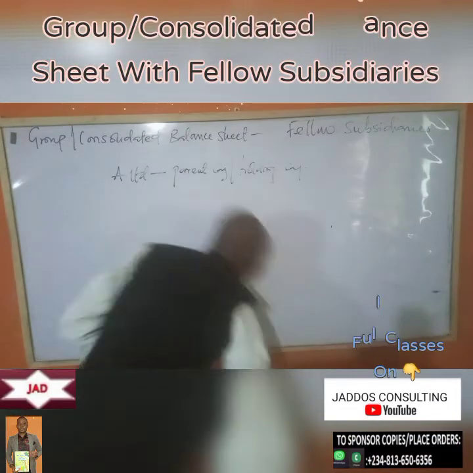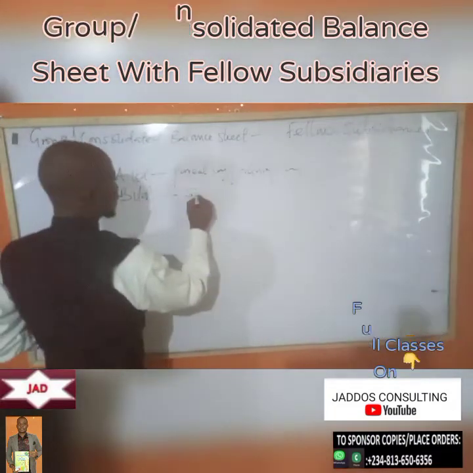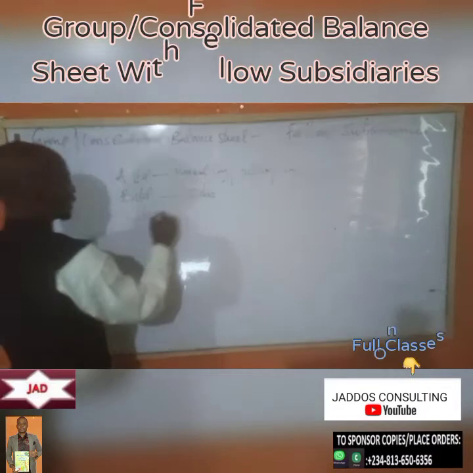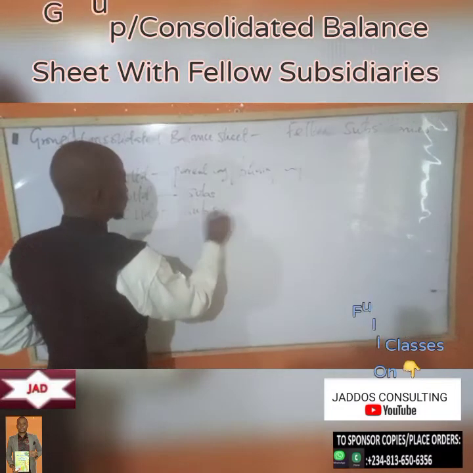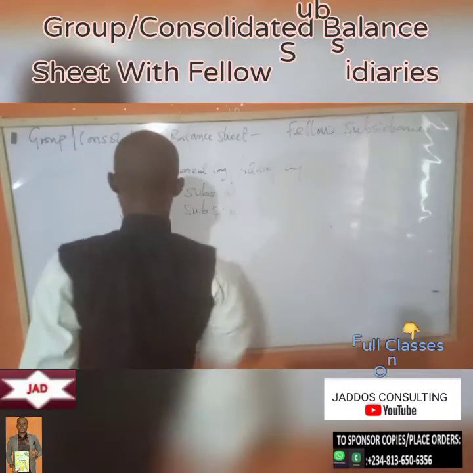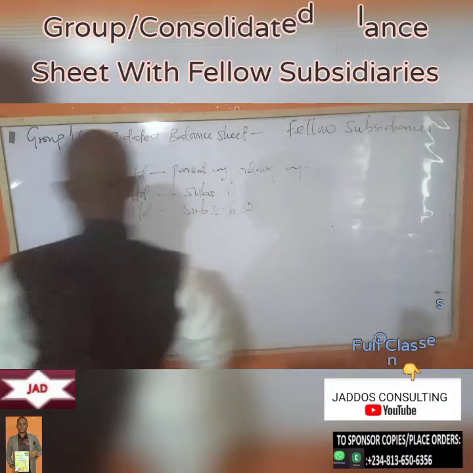And then let's say we have B Limited, that's a subsidiary. And then we also have C Limited, another subsidiary. So let's say subsidiary 1, subsidiary 2, whichever one you want to choose.